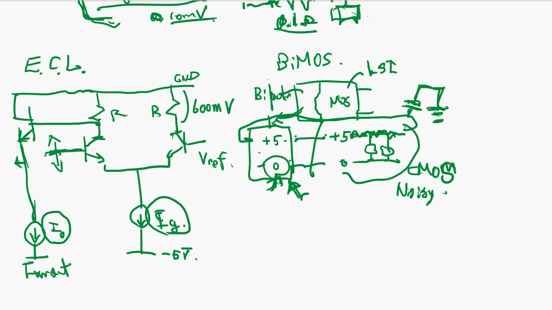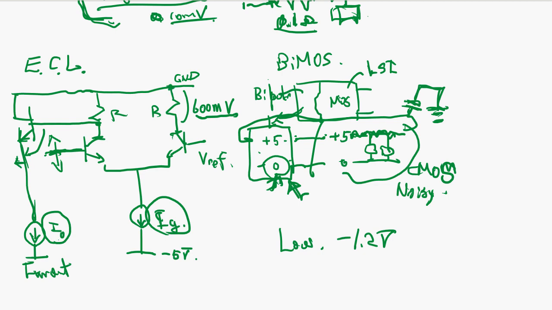Okay, so if the voltage swing is about 600 millivolt, and this typically says 600, so when this is low, it's going to be negative 1.2 volt. And when this is high, it means no current flowing.